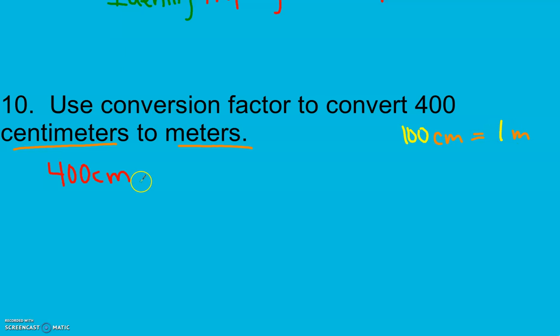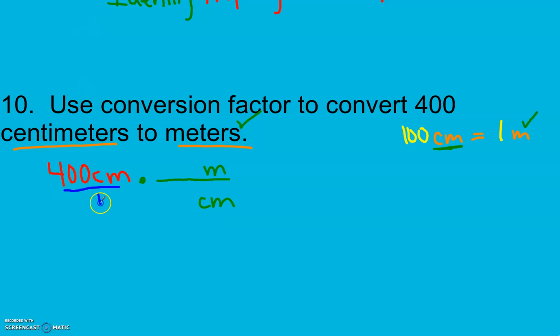Now, when I set up that conversion factor, remember when we multiply by a conversion factor, we're really just multiplying by 1. So we have something identical, it just looks a little bit different. I need my centimeters to go in my denominator because those I need to cancel. And I'm looking for meters, so those have to go in my numerator.